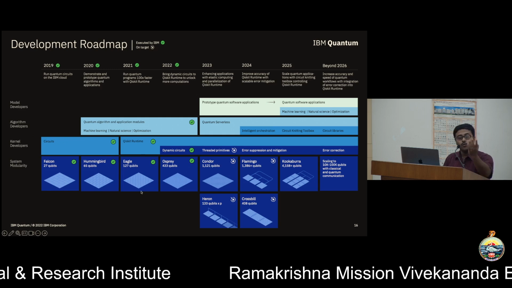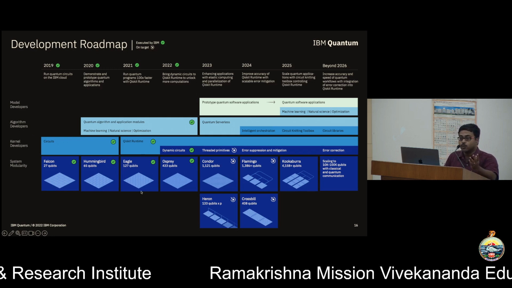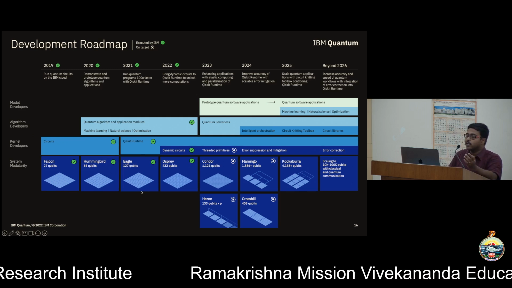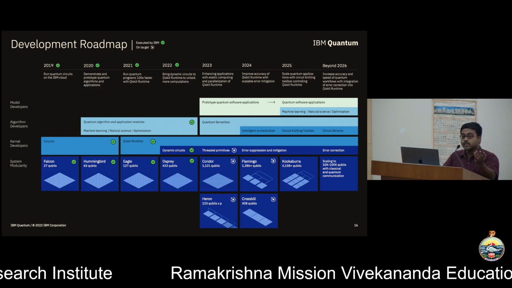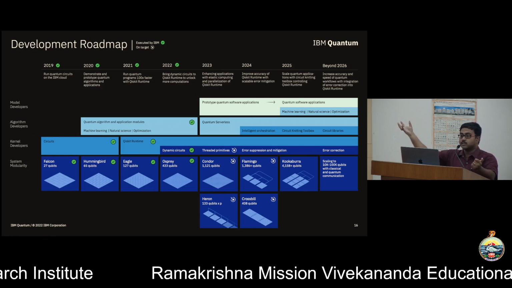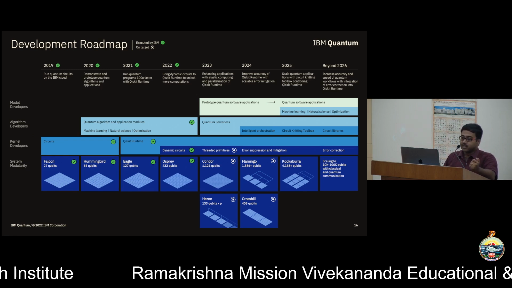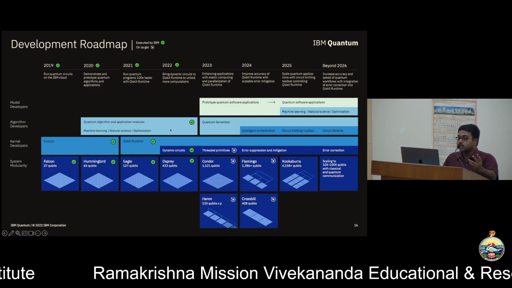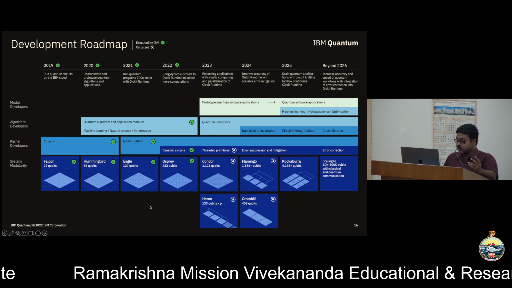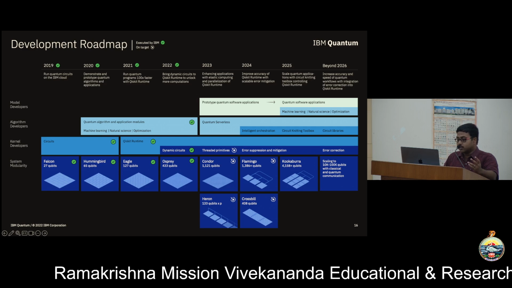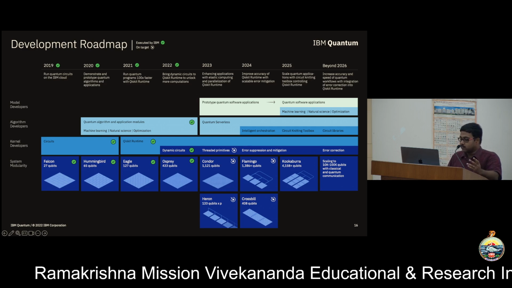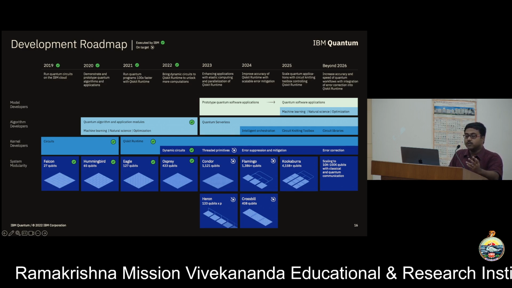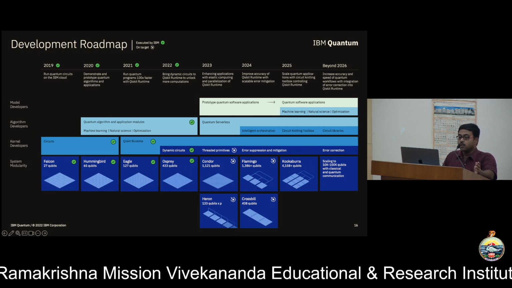If you are someone who is interested in applications more, how do I develop algorithms? How do I develop better use cases? How do I find out which problem is better suited for quantum? We have these algorithm developers. And so each and every stack IBM is interested in. Obviously, although I say this mainly for theoretical people, I guess it's not too important.